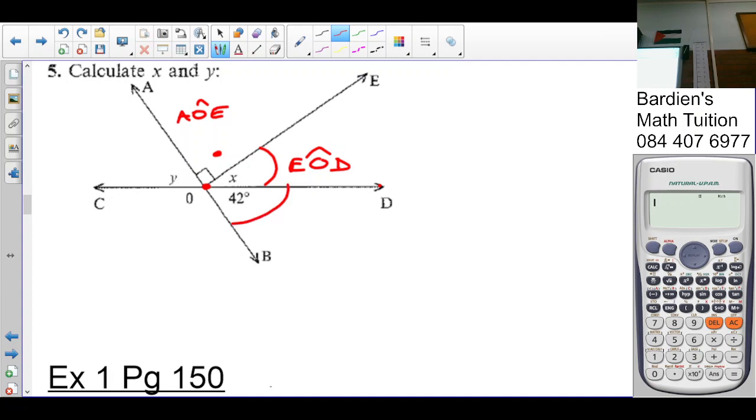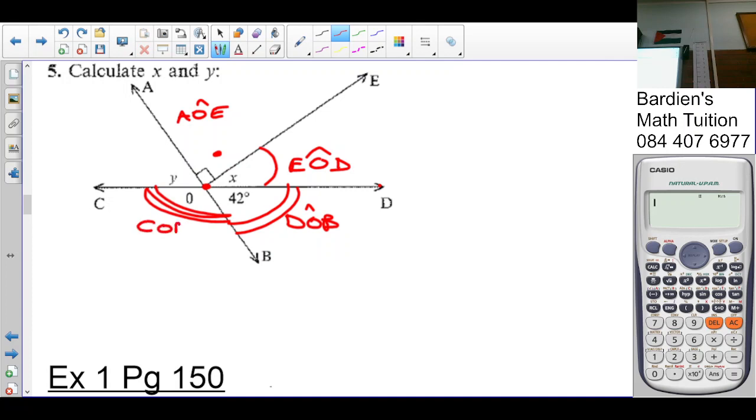What do you call this angle, the name of this angle? D, O, B, or B, O, D. Naming angles, a proper name of angles. What would this be here?